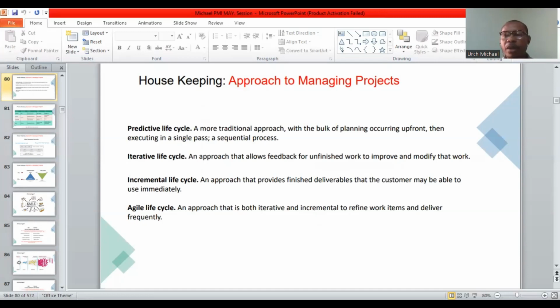You are working on a project, and at every close time phase, aspect of the project, you're getting feedback from your customer. For instance, you want to build a house and you feel, I don't really understand the concept in the mind of my client, but I'm going to put up a feedback system.